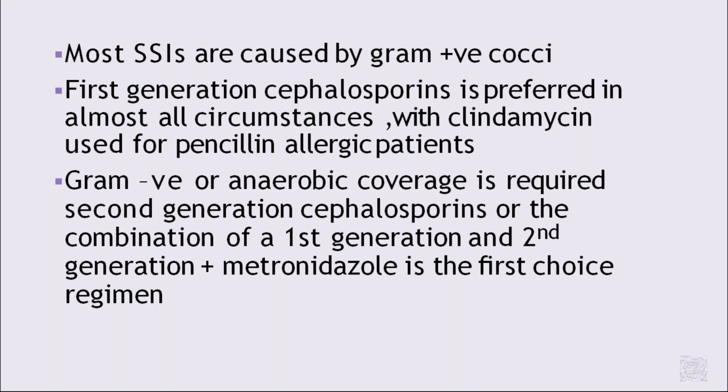Purulent infections are most commonly gram negative and anaerobic, so you should also give coverage for gram negative and anaerobic organisms. These may require second generation cephalosporins or a combination of first and second generation along with metronidazole.